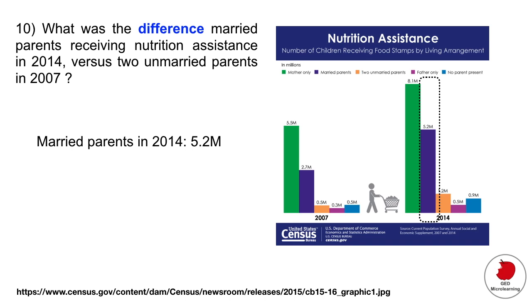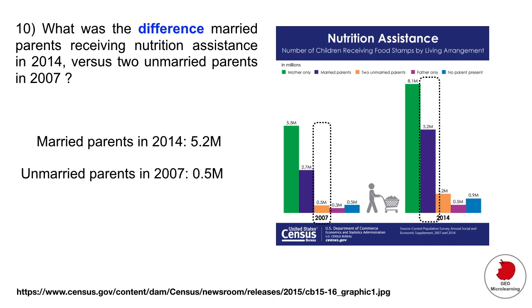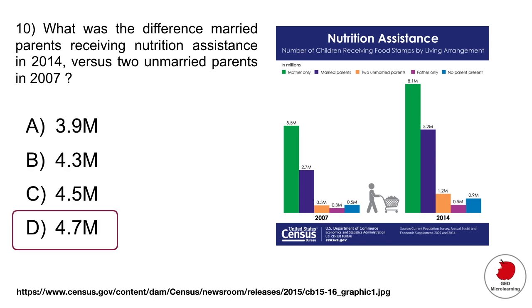And then in 2007, if we look at unmarried parents who represent the yellow bars, that was 0.5 million. Because the question is asking you about the difference, which is a code word for subtracting. Okay, so whenever you see difference, all you have to do is subtract these two numbers. Okay, so the correct answer would be D, which is 4.7 million.